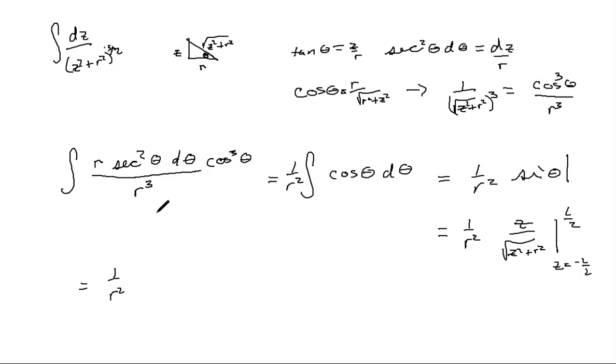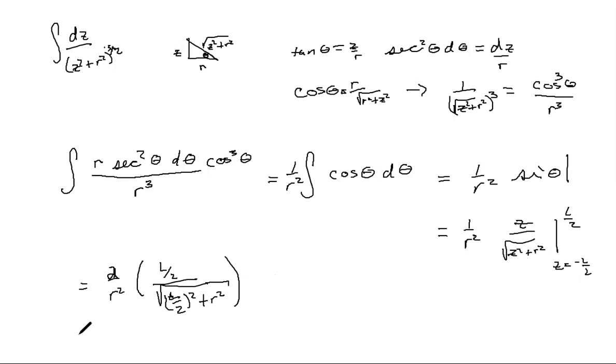I'm going to write this as 2 times L over 2 over the square root of L over 2 squared plus r squared. The 2 out front just comes from the doubling effect at the upper and lower limits, so how they work together.